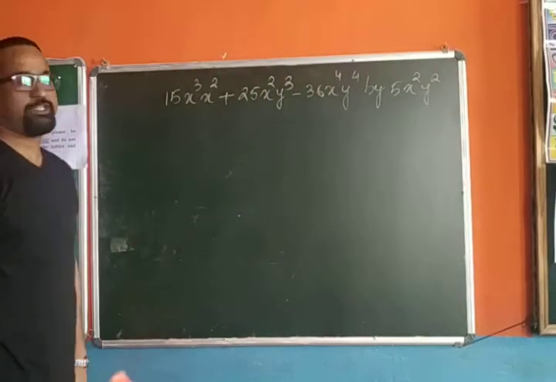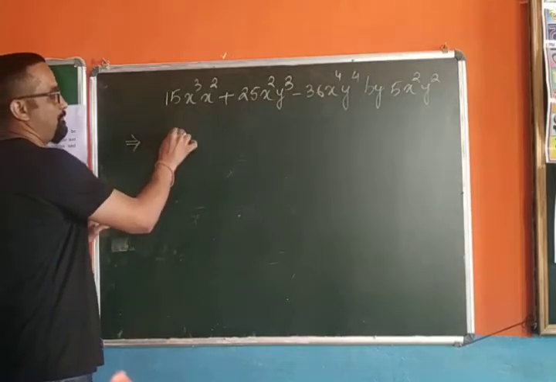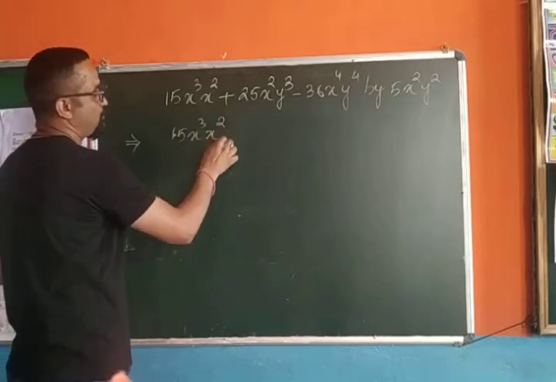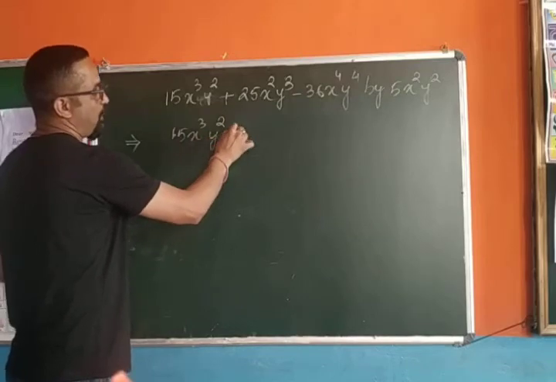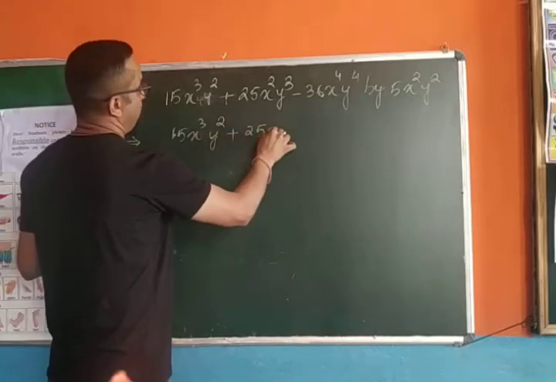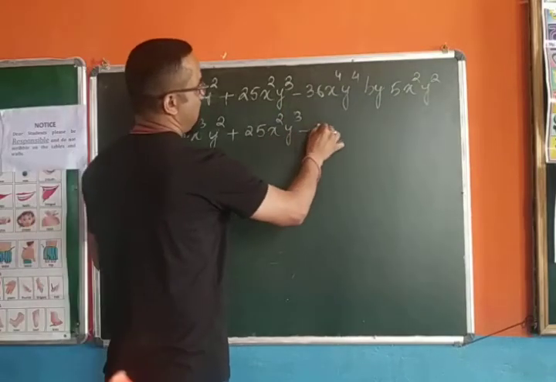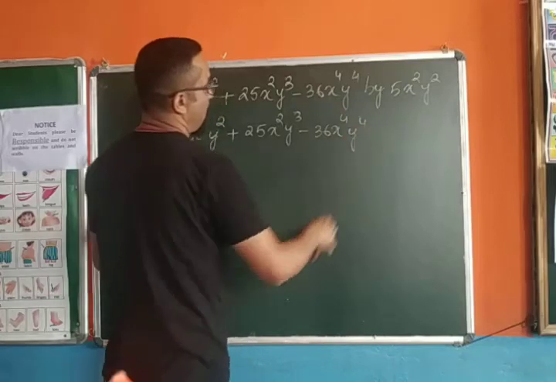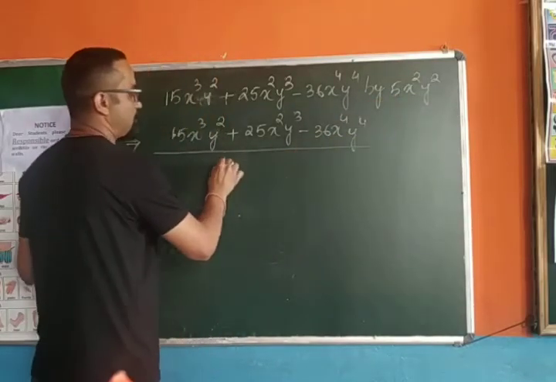Similar steps should be involved. 15 x to the power of 3 y to the power of 2, sorry, plus 25 x to the power of 2 y to the power of 3 minus 36 x to the power of 4 y to the power of 4. Whole thing divides by divisor.